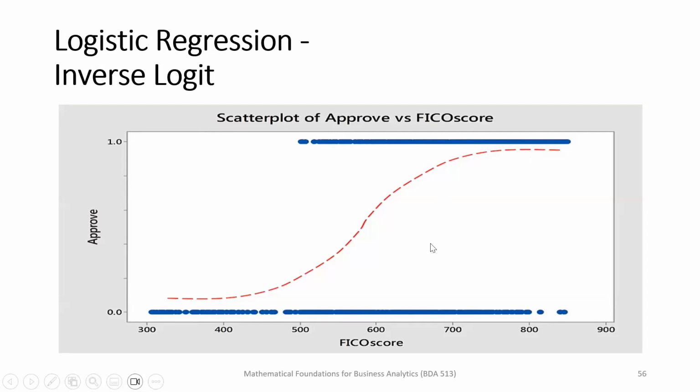Here you can see that as the FICO score reduces to the left, the probability of being approved reduces, and when the FICO score goes to the right, say from 600 going up, the probability increases towards 1.